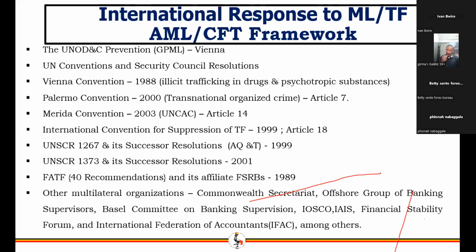So in the international legal framework, we also adhere to the UN conventions because they speak to the suppression of terrorism financing and proliferation financing, as well as prevention of money laundering.